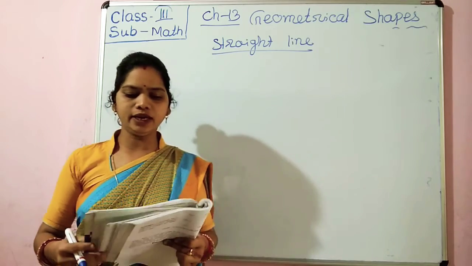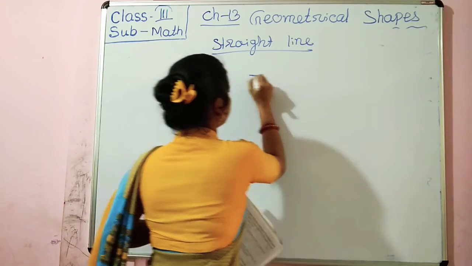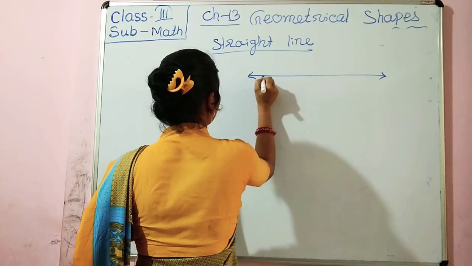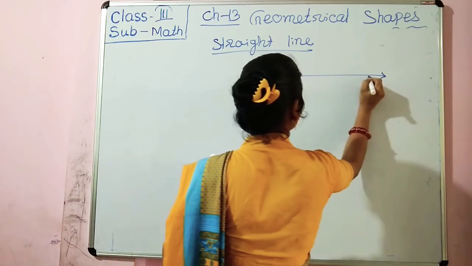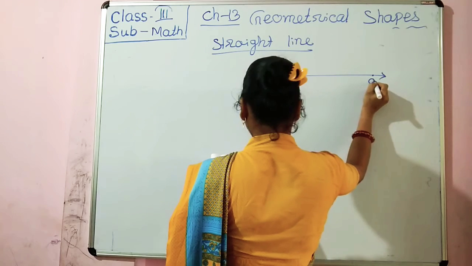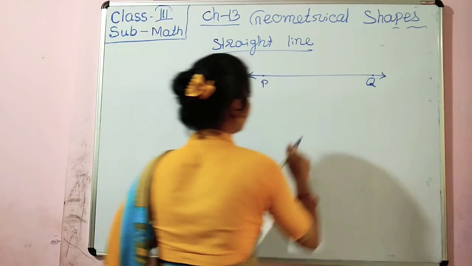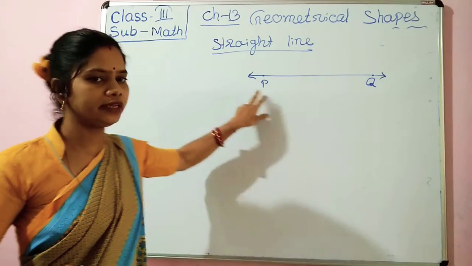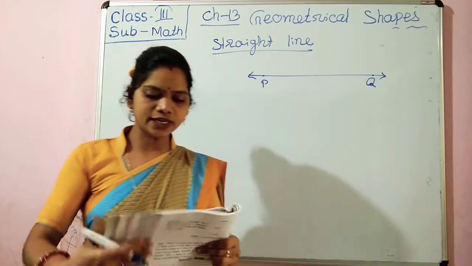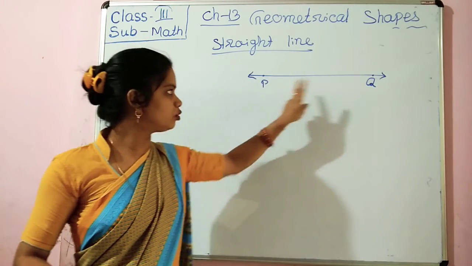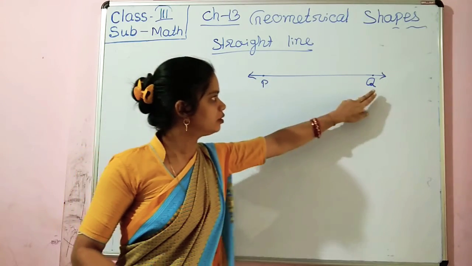A straight line, look, it is a straight line. PQ is a straight line. A straight line has an arrow ahead on both sides.